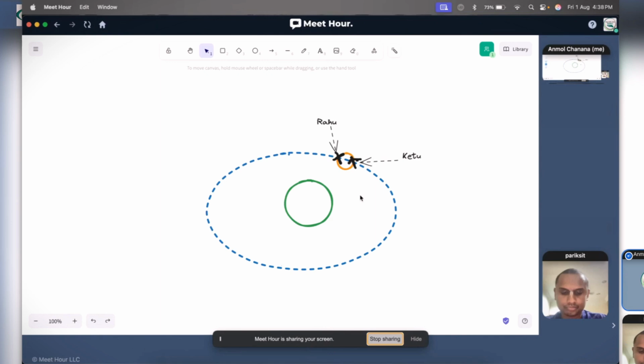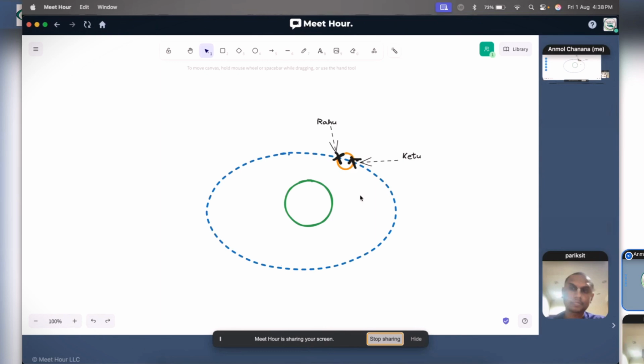If Rahu is in the 12th house, Ketu will be exactly opposite, in the sixth house. They both have the same degree always. If Rahu has 0 degrees, Ketu will be at 0 degrees. If Rahu has 20 degrees, Ketu will be at 20 degrees.